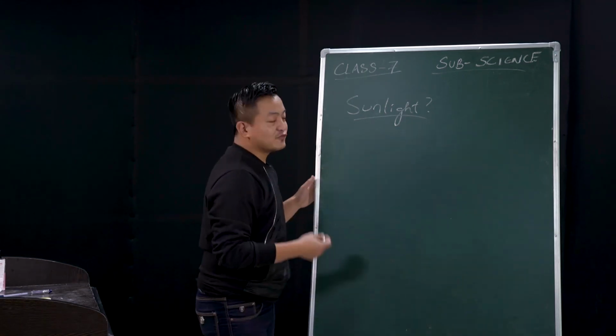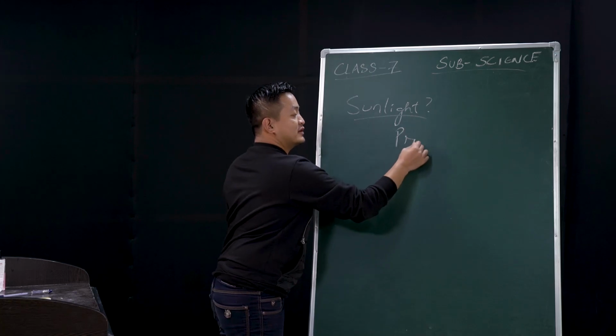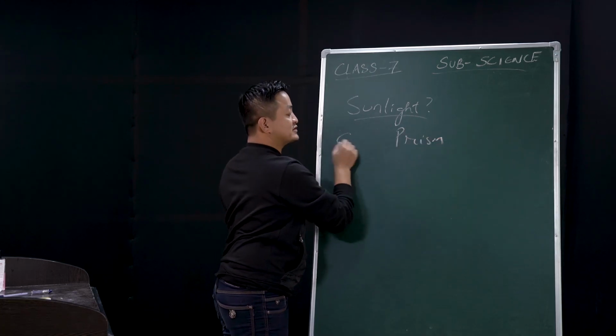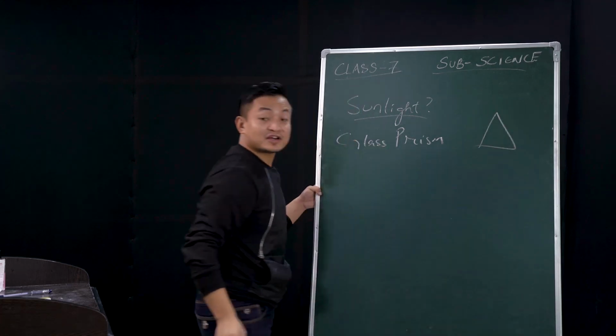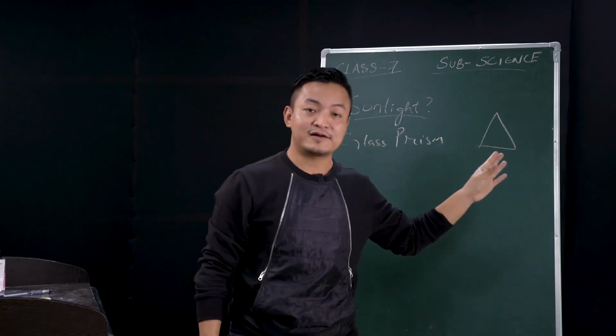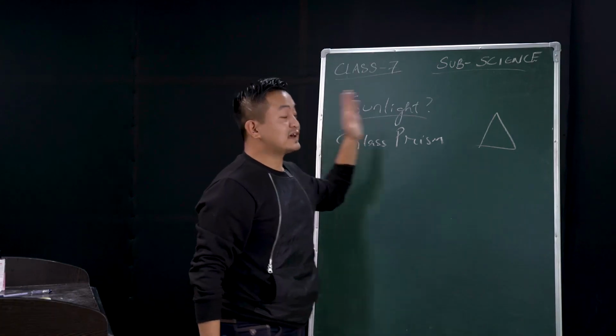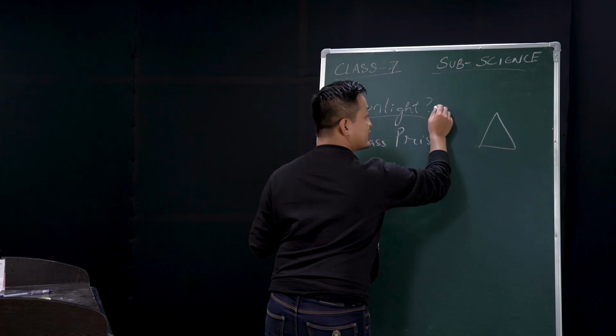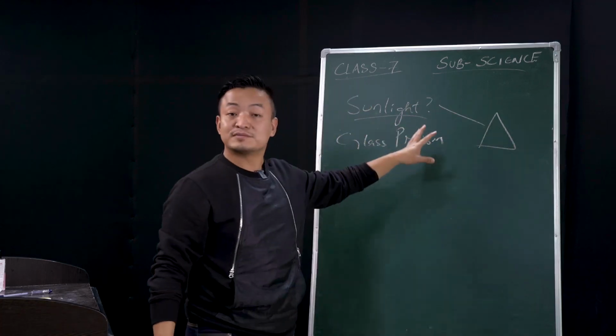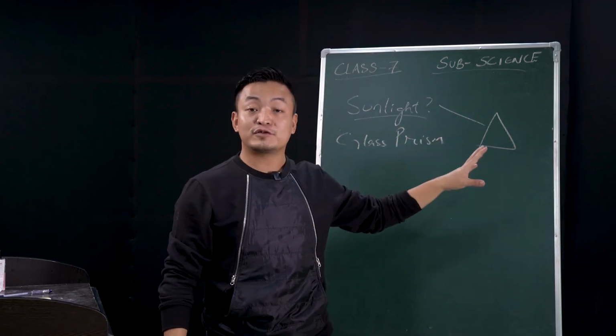For that we need a prism, a glass prism. It will be like this in shape, but it will be of glass. Now when sunlight passes through this glass prism, what will you see?